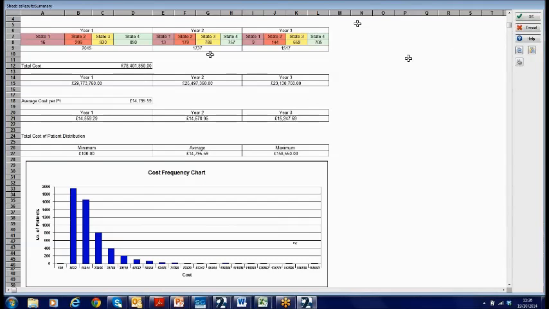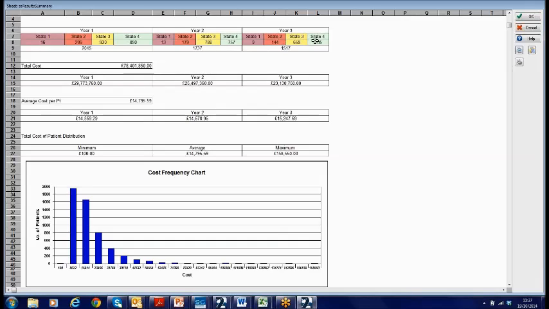If we have a look at the results summary, you can see overall how many patients were in each state in each year, and the total numbers and the numbers by those different need states. That's low need, medium need, high, very high. You can define what those states mean for you.